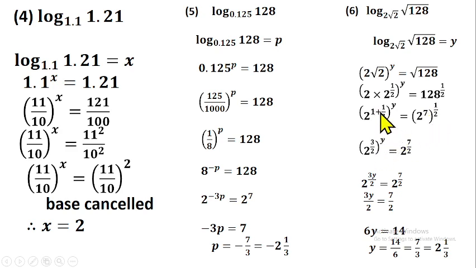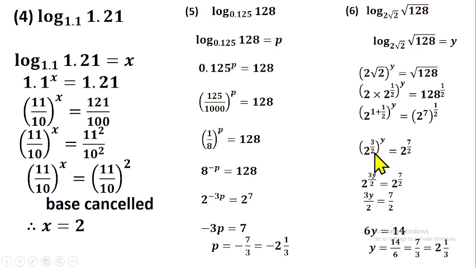Then you can simplify this power further. 1 plus half, if you simplify using the LCM, should give us 3 over 2.